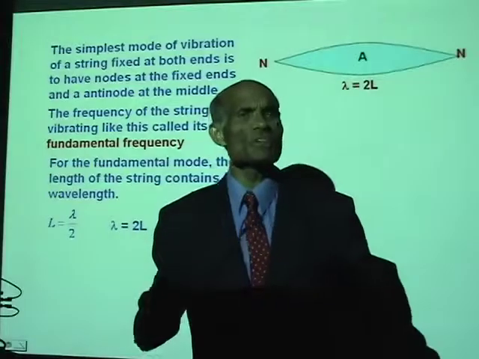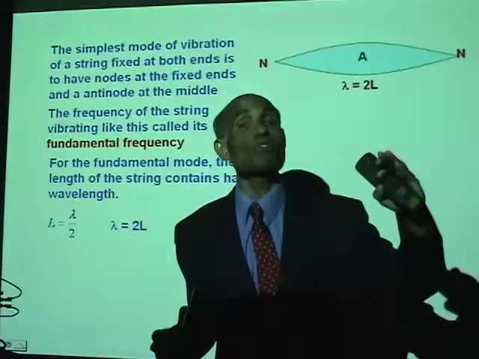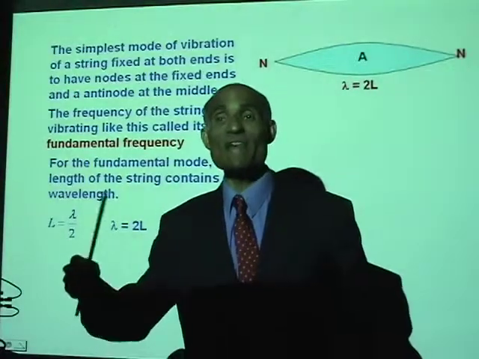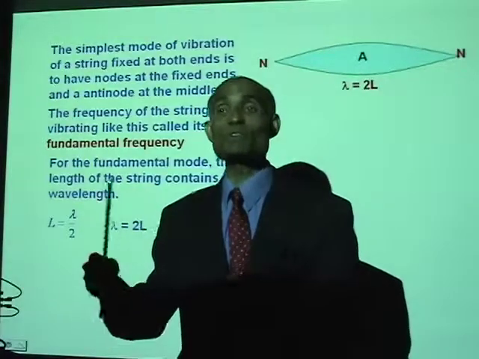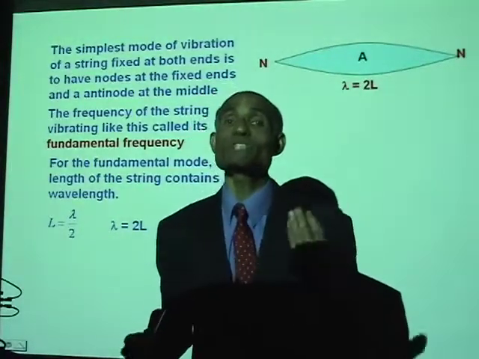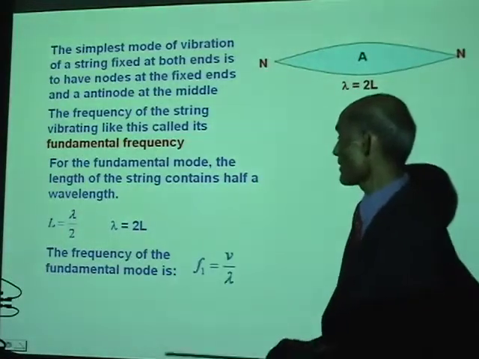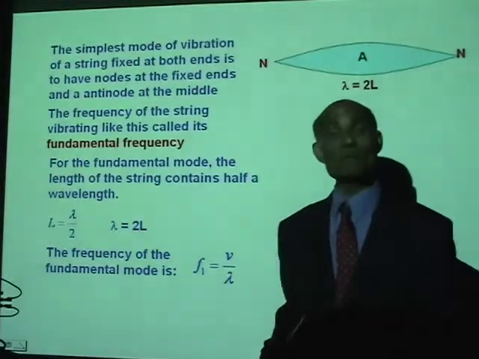Okay, what is therefore the frequency of vibration? Anybody tell me how we can write an equation for frequency? If you know our fundamental wave equation. V equal to F lambda. Have you forgotten that? If V equal to F lambda, what is F equal to? The frequency of the fundamental mode is F equal to V over lambda. Is that right?